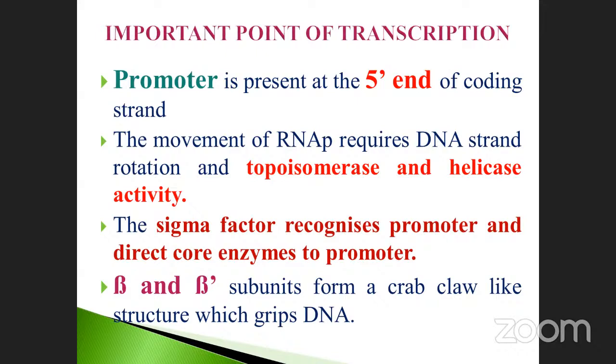It is the initiation point along with the core enzyme. And the beta dash subunit forms a crab claw like structure which grips DNA. It can easily bind the promoter region. That is very important on the DNA strand. So these are the 4 points.